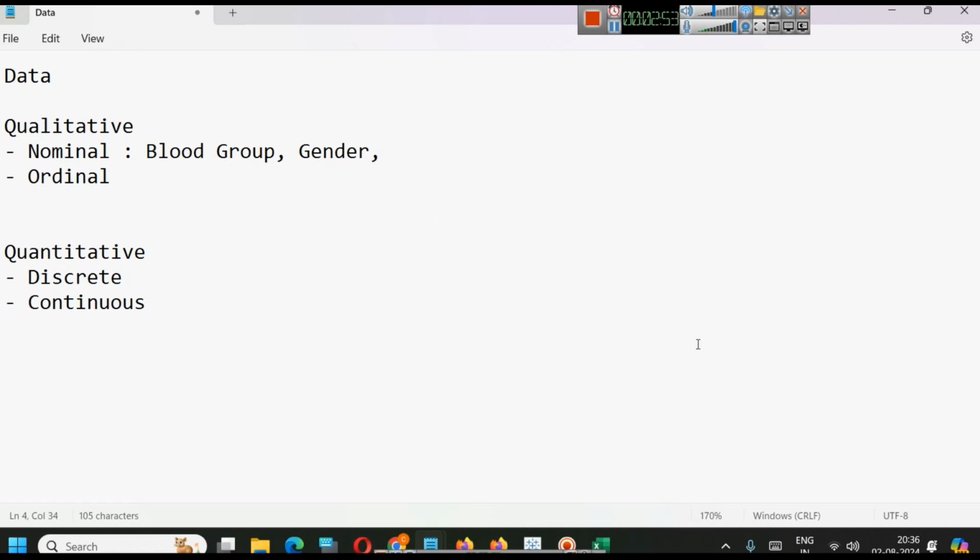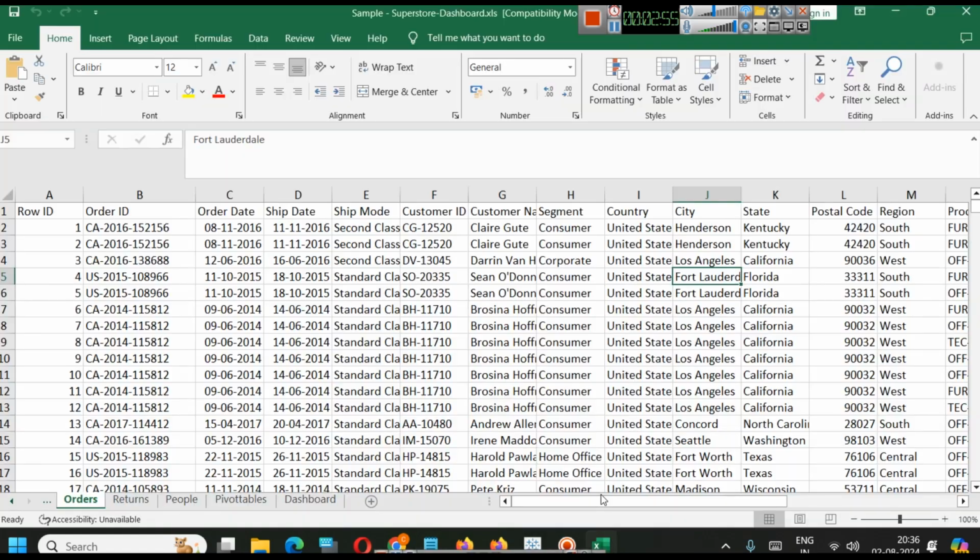So in the data set that we have studied so far, if you see segment, there are only three types of segments: consumer, corporate, and home office, right? There is no fourth value possible.